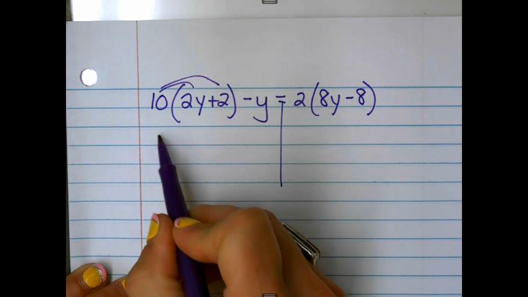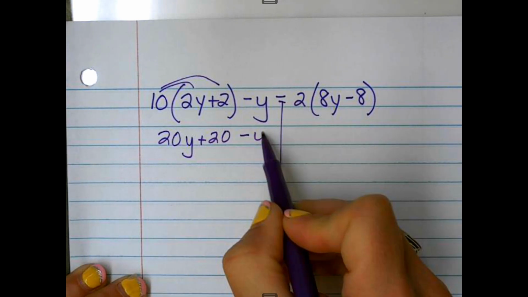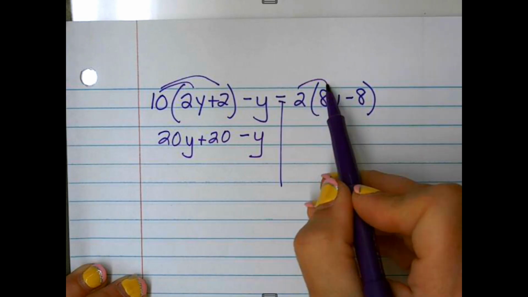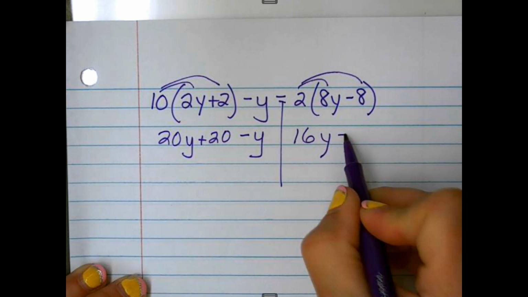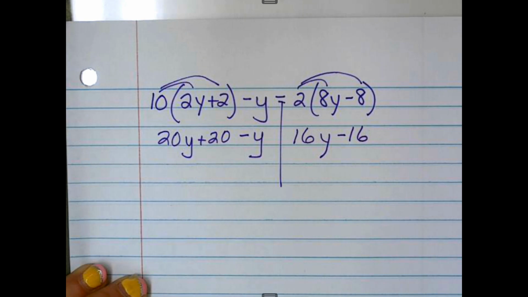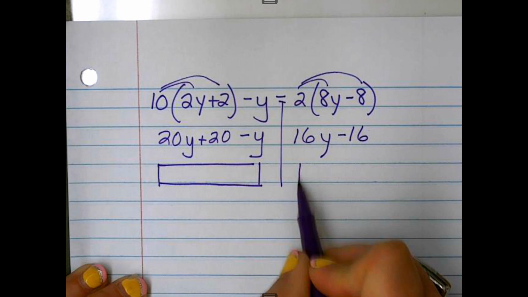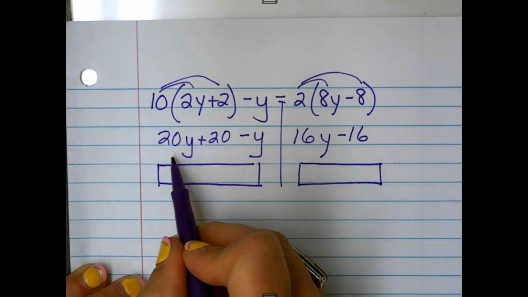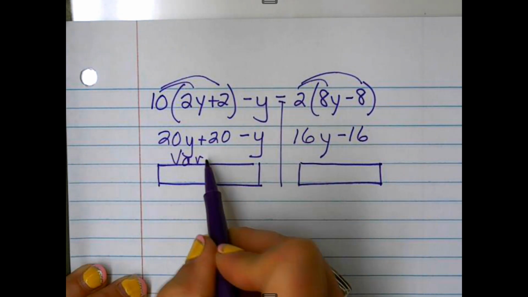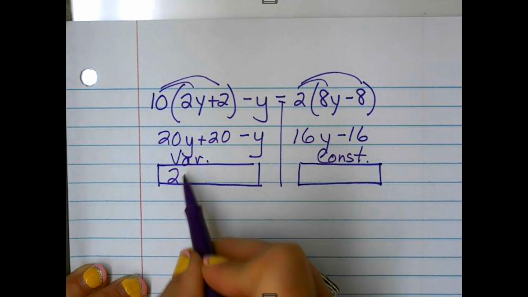Now this minus y just comes straight down, and then on the right-hand side, we're also going to distribute. I'm going to go ahead and get my rectangles, variables, constants.